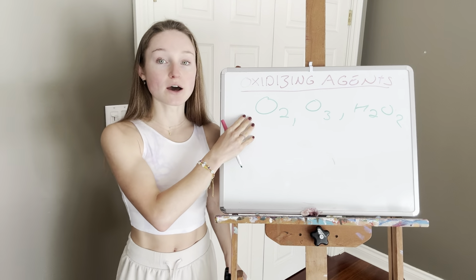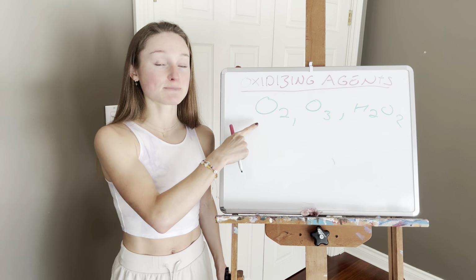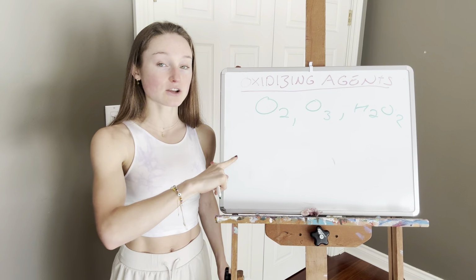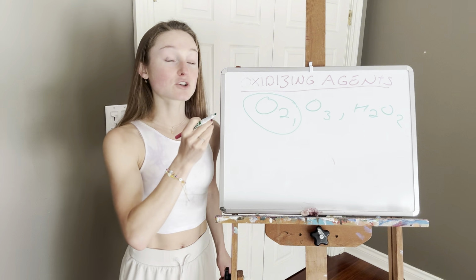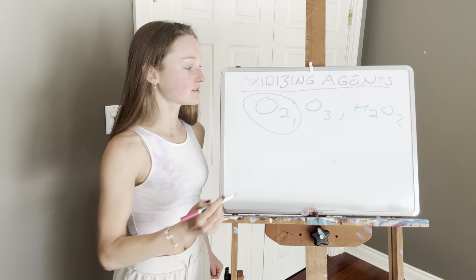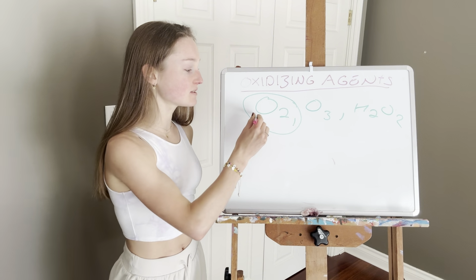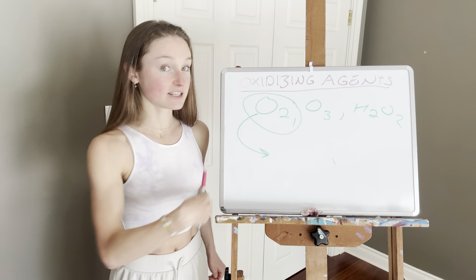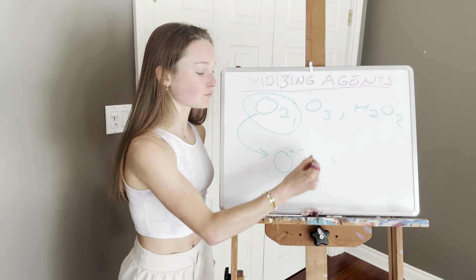Let's focus on oxygen acting as an oxidizing agent because this ties back into the video on free radicals and DNA damage. So when oxygen is causing oxidation, oxidation is the loss of electrons, oxygen is stealing electrons, and when he steals those electrons, he himself becomes reduced.